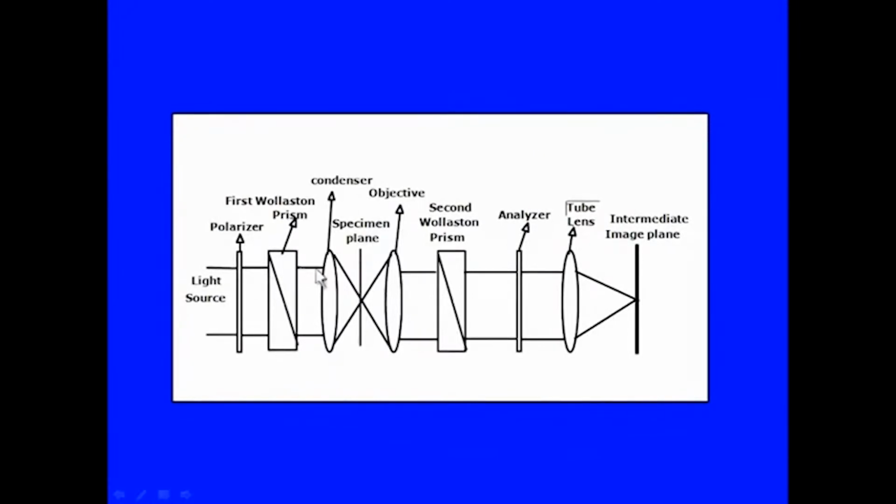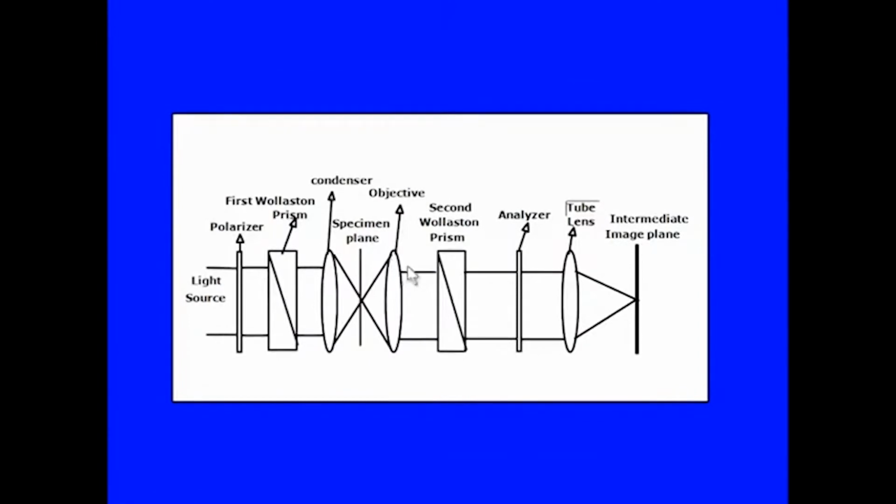The first Wollaston prism, not shown here, gives a sheared light, that is two rays adjacent to each other, very close to each other, but they cannot interfere here. They pass through the condenser lens and then through a specimen plane, where they are differentially retarded because of thickness and refractive index differences.